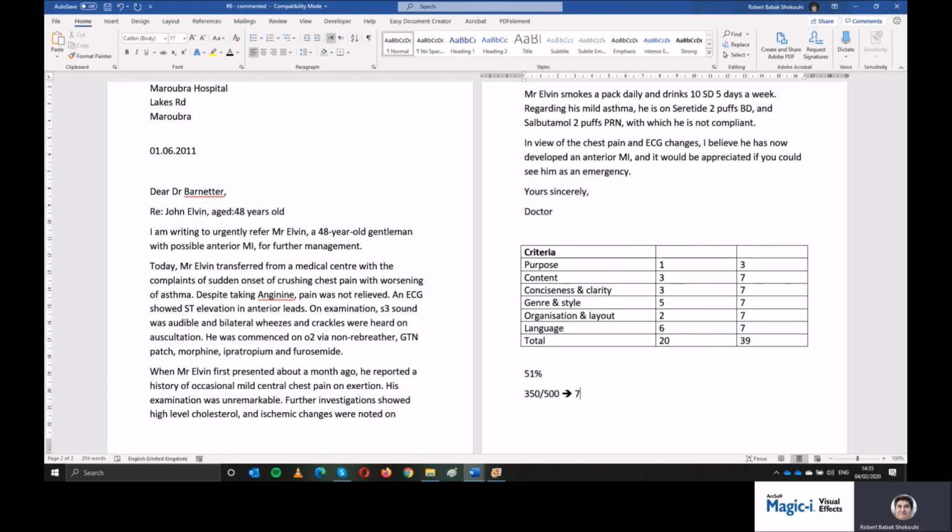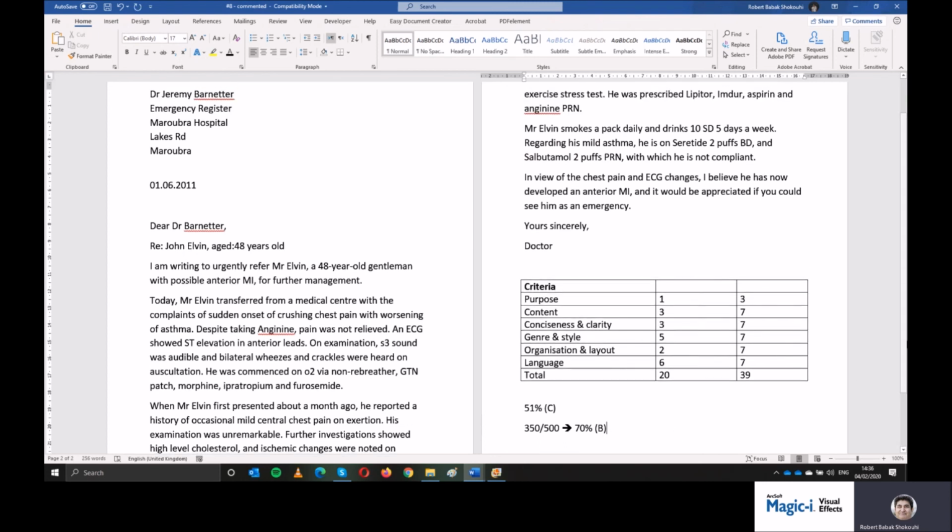Oh, yeah. So with 51%, it is 250. So that is C. And to have a B, you need to score 70%.